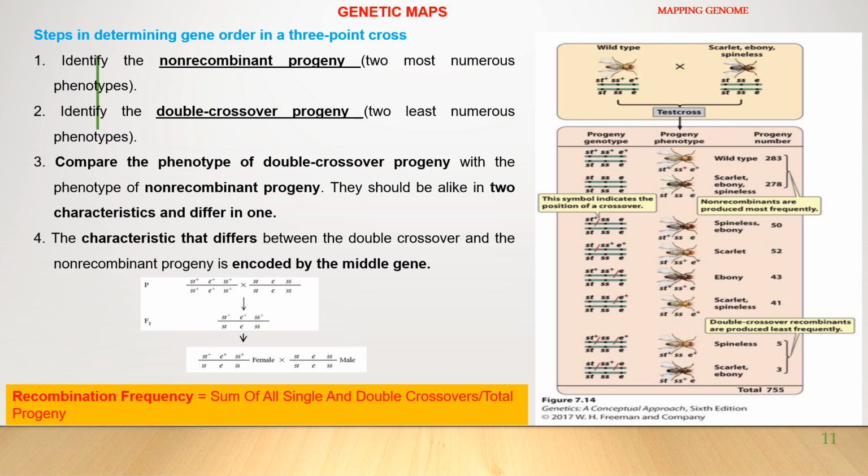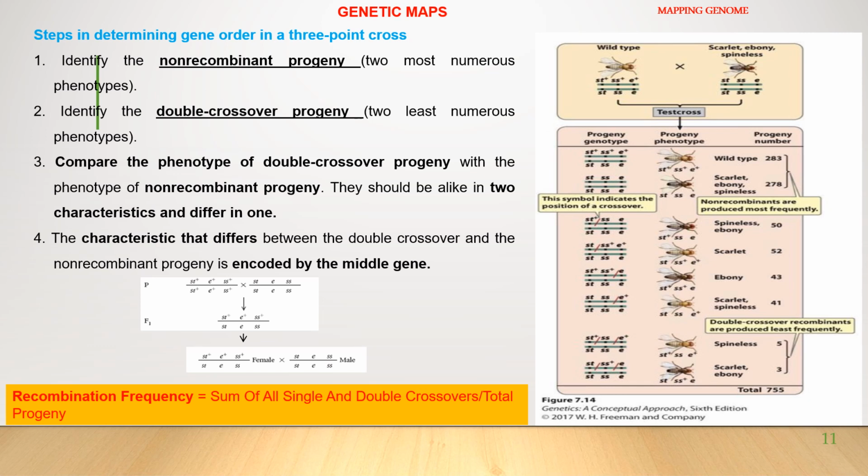Next, identify the two phenotypes with the least number of progenies. Here they are spineless and the other scarlet ebony, with 5 and 3 individuals respectively. These are the double crossover recombinant types. Next, compare the non-recombinant progenies and the double crossover progenies. All except one character would be different in the two groups.